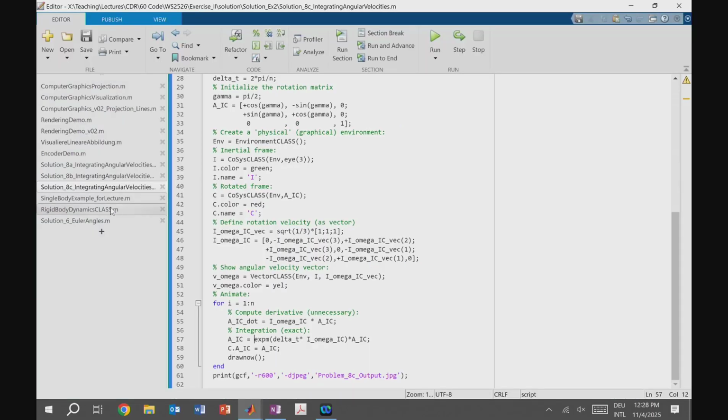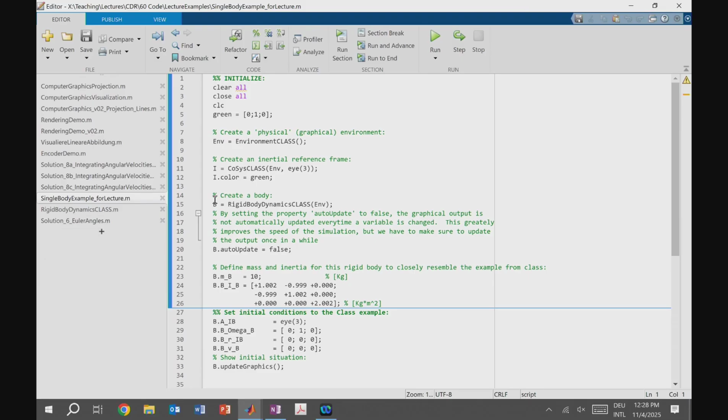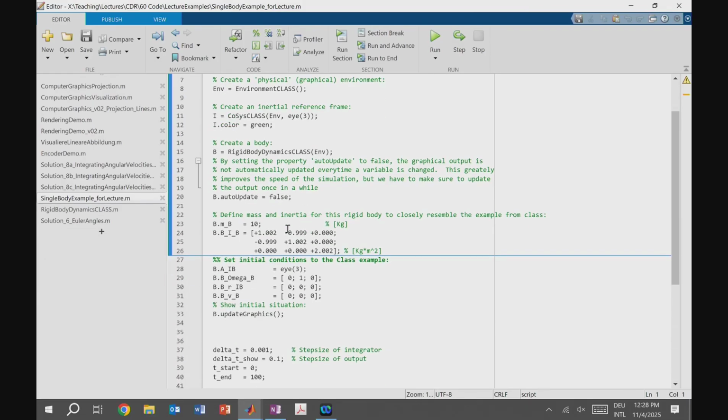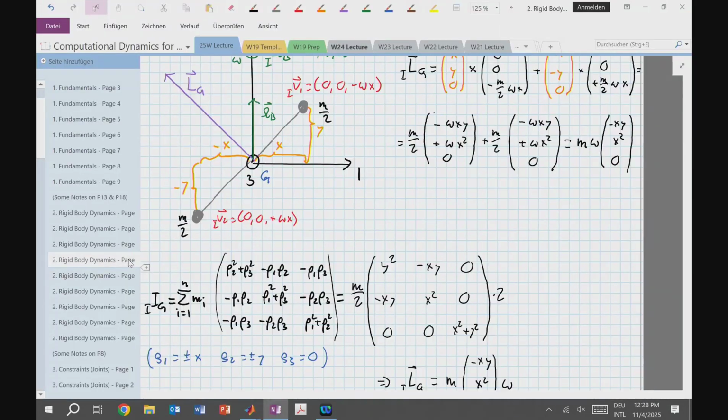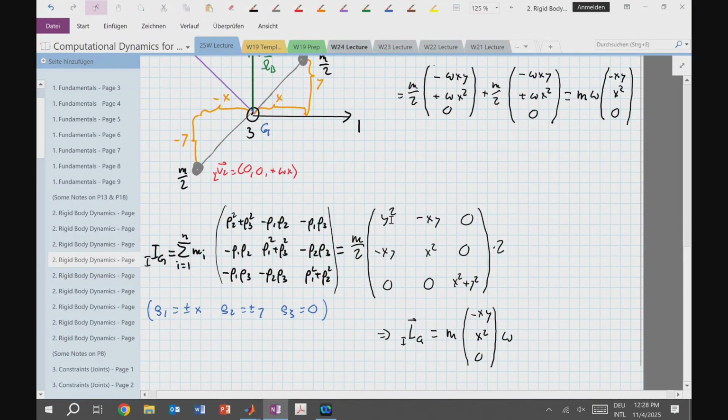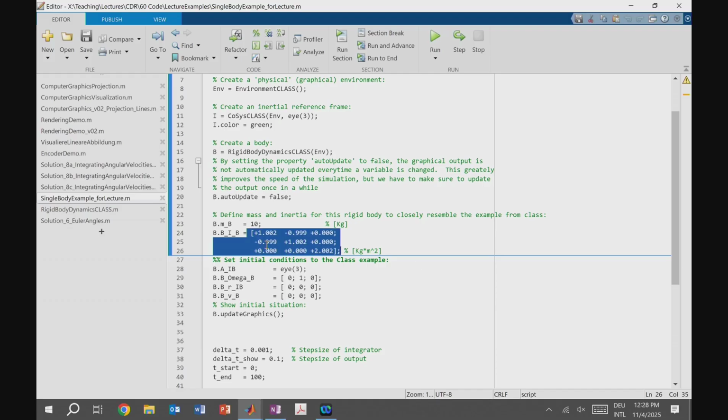I wanted to show you, nevertheless, a version of this. And to do this, I manipulated the values a little bit. So here we had, if I set x and y to 1, I would get 1, 1, minus 1, minus 1, 2. And what I did here is I added a tiny bit here and subtracted a little bit here to add some inertia around the long axis of this object.